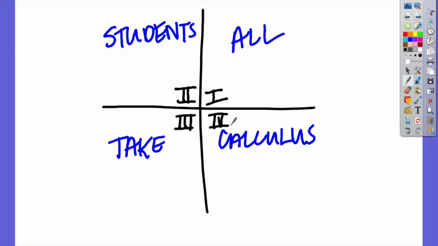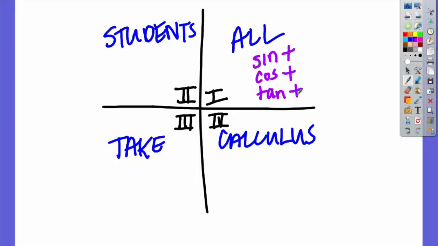Again, you're adding this off to the side in the notes section. All is exactly what you think. All 3 basic trig functions, sine, cosine, and tangent, all of them are positive. Every last one of them.